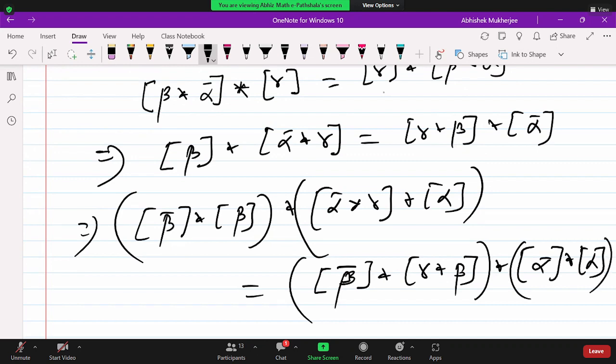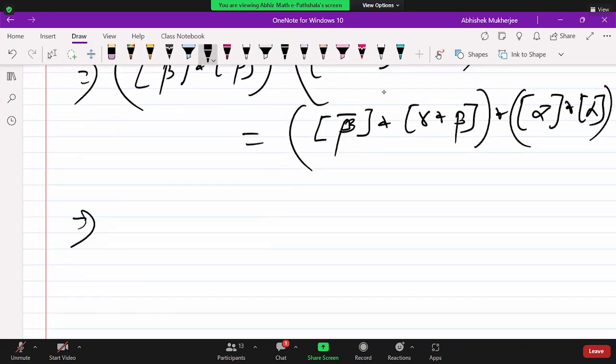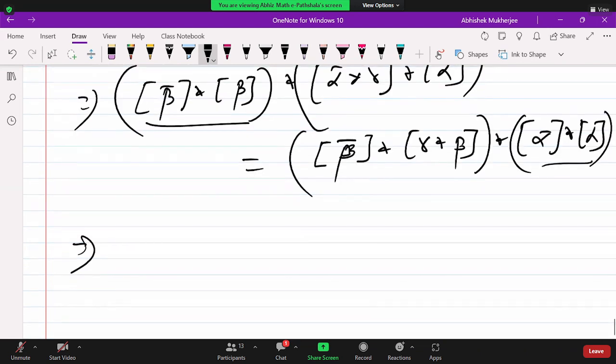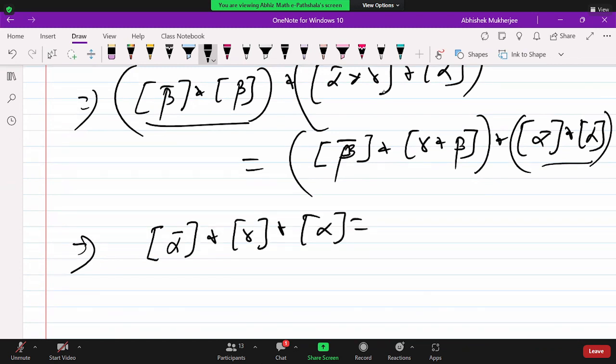Yeah, great. So this implies, this is nothing but the identity at x1, that means class x1, and this one is again the identity at x1, that is class x1. So that means you have alpha bar star gamma star alpha, and this is beta bar star gamma star beta.